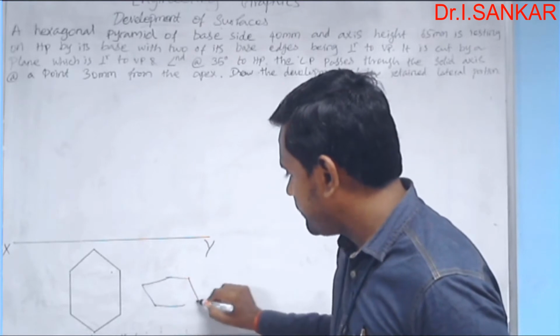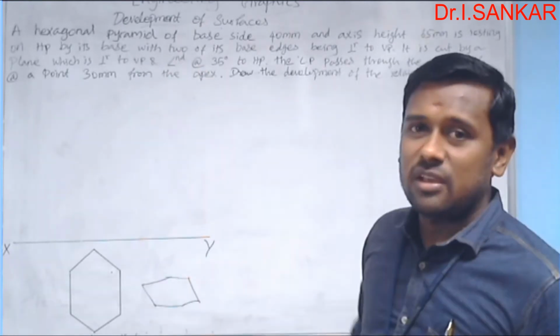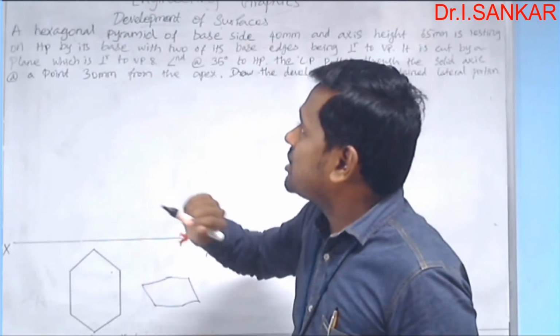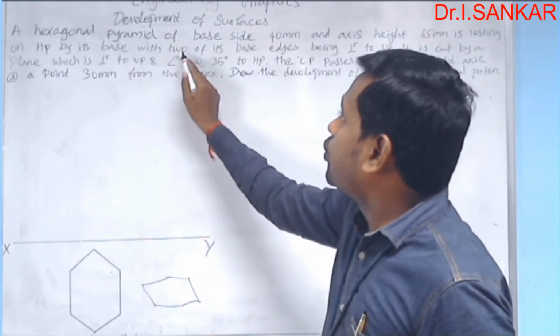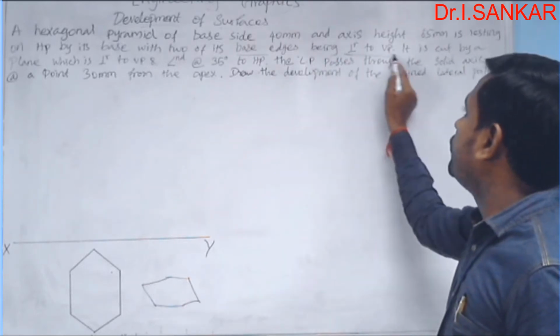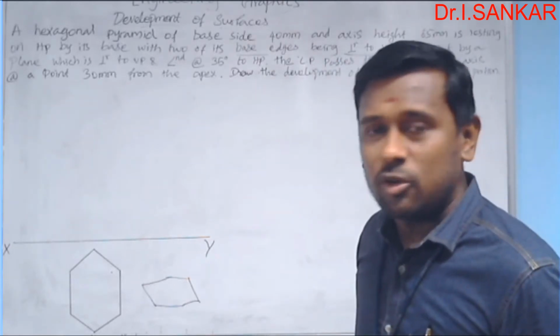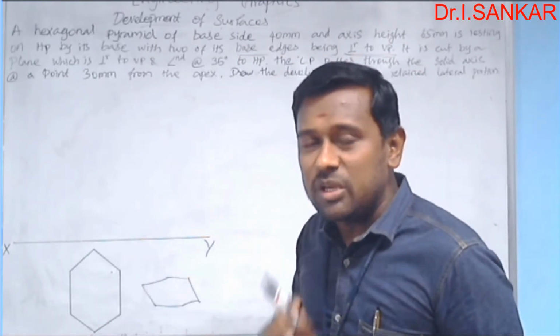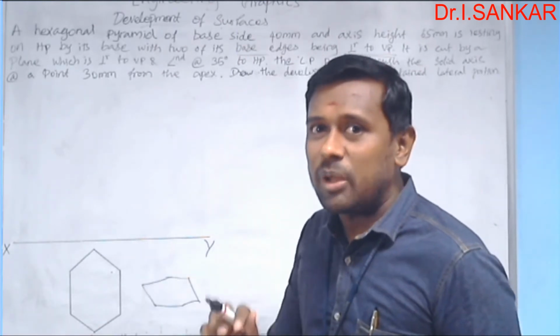Because in the question itself they have mentioned that the hexagonal pyramid is resting on HP by its base with two of its base edges being perpendicular to VP. So out of the 6 base edges, 2 of the base edges are perpendicular to VP.